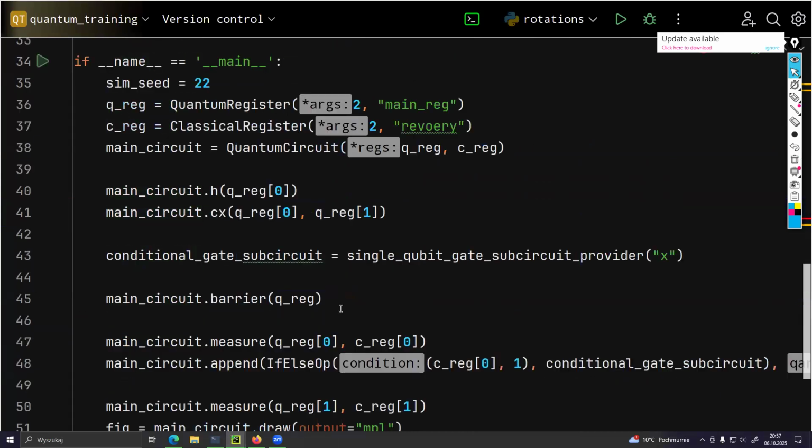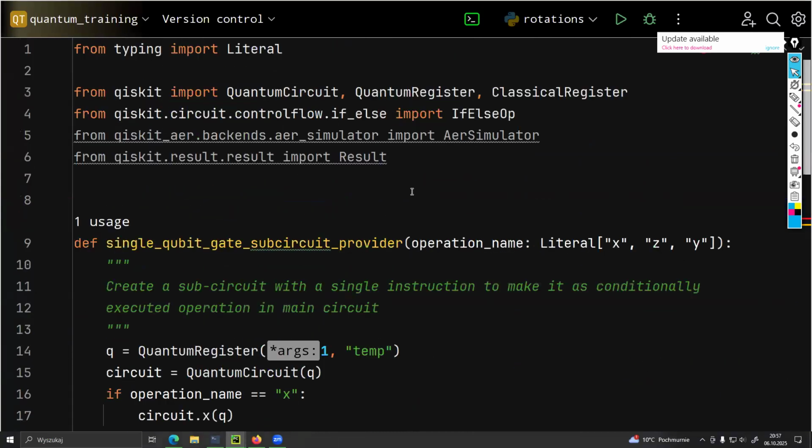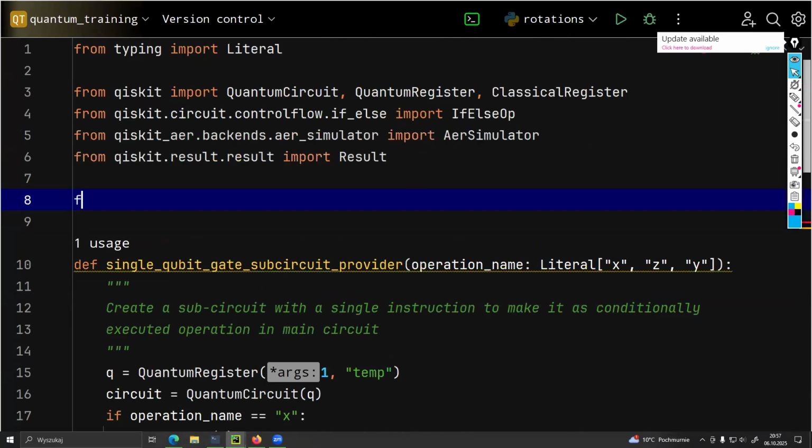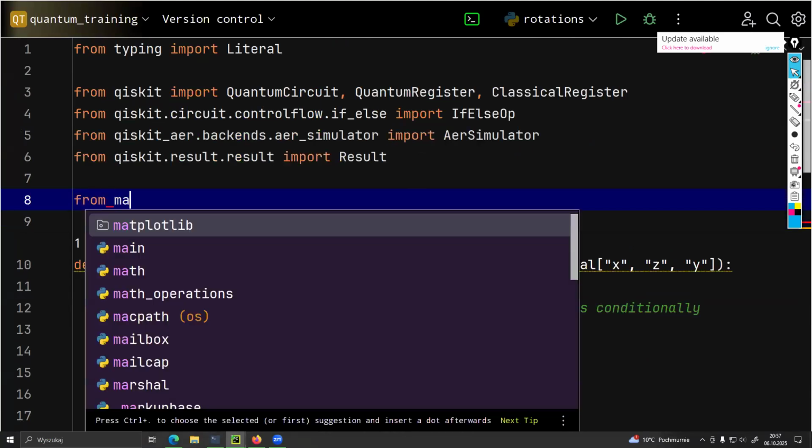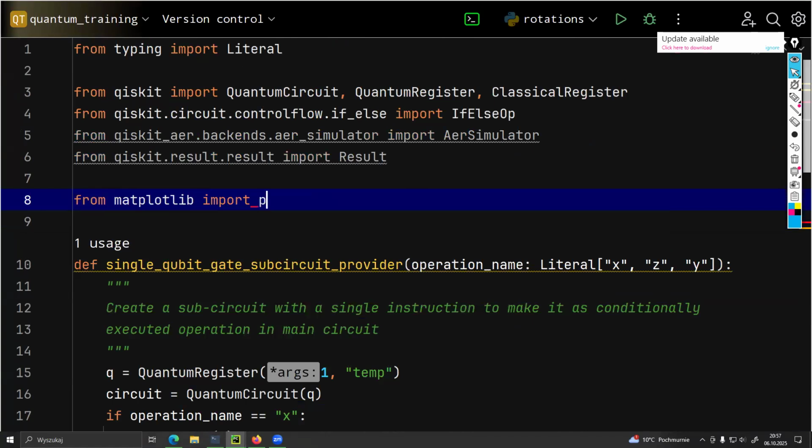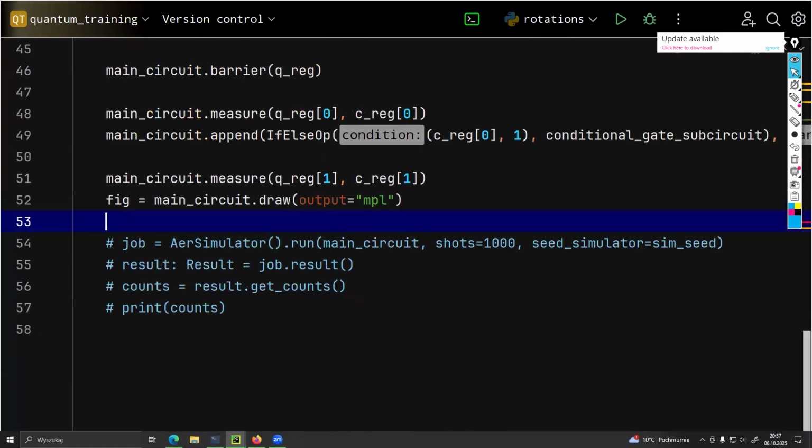Then from matplotlib import pyplot as plt to draw this circuit, so plt dot show.